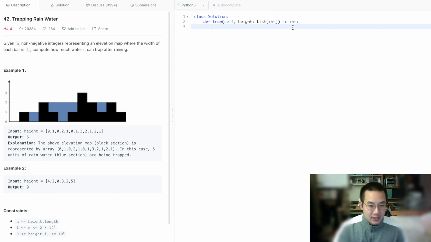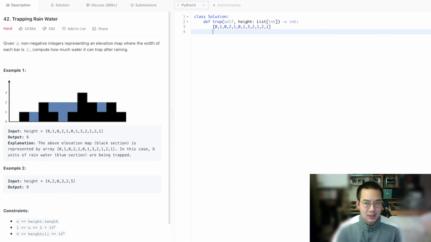At every point in time, in this array of numbers, what we're trying to do is make sure we can find out how much water we can trap at that one spot. Currently, we have left max, how high the wall is, and the right max at 0 and at 1.